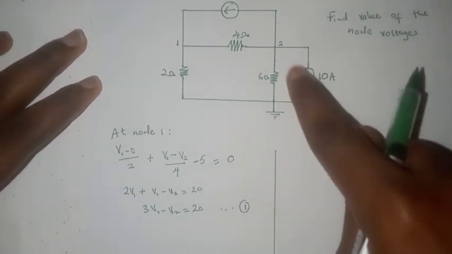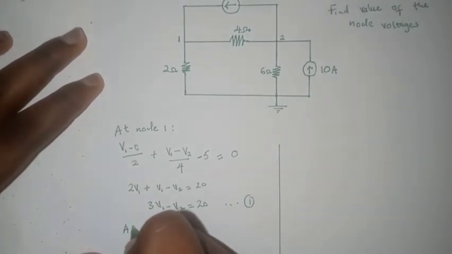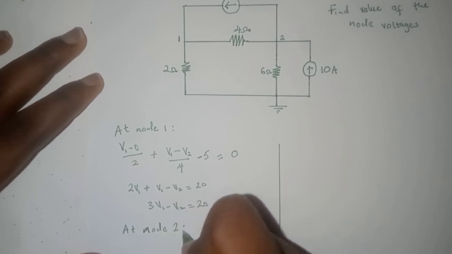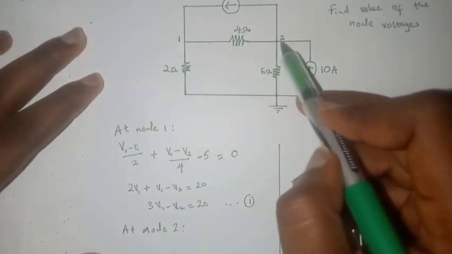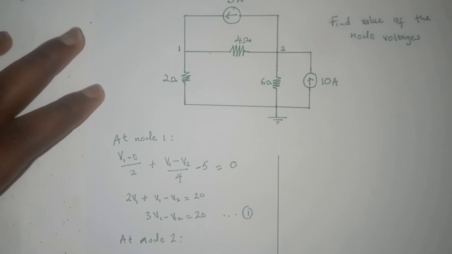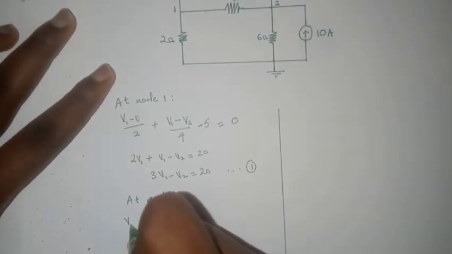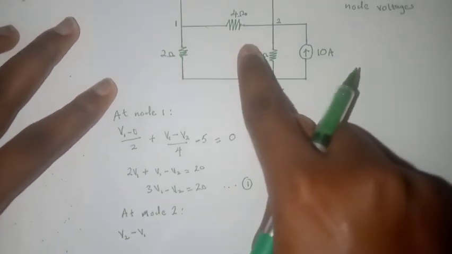Then we move on to node 2. At node 2, we write for this branch, that would be V2 minus V1 divided by 4.